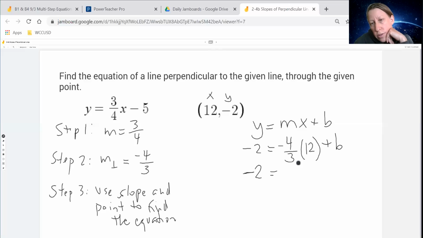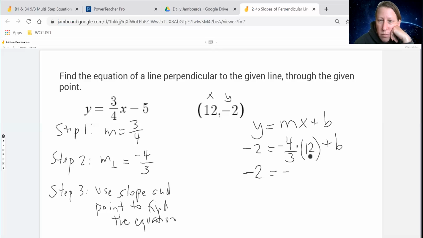Remember, we're doing 4/3 of 12. My brain would probably do 12 divided by 3, which is 4. And then I would be multiplying that with this 4. So this is actually going to be negative because it's a negative times a positive.